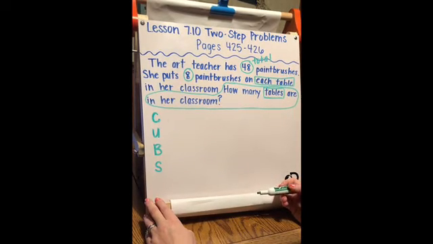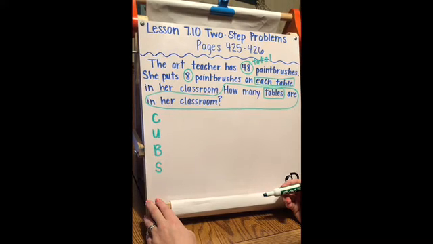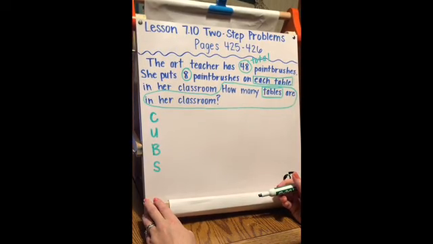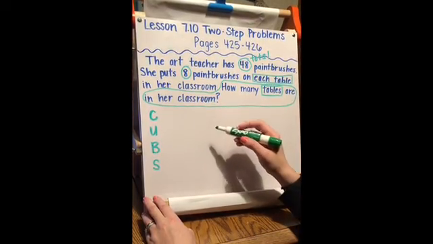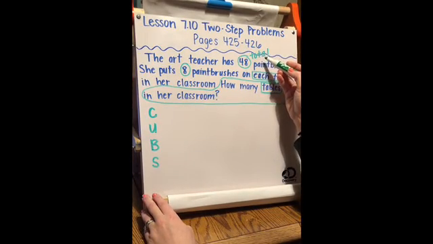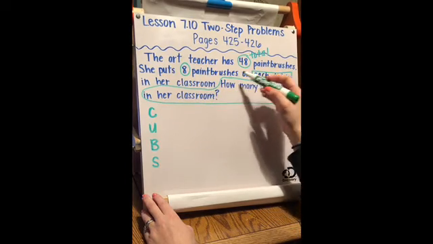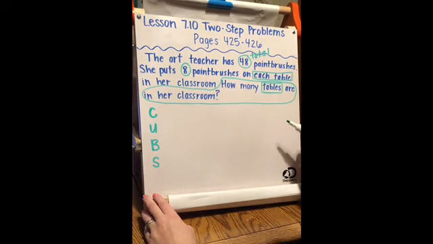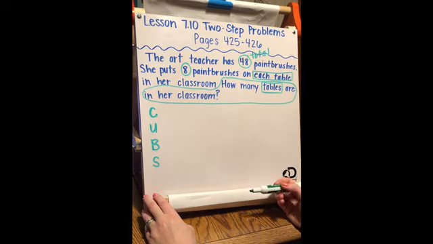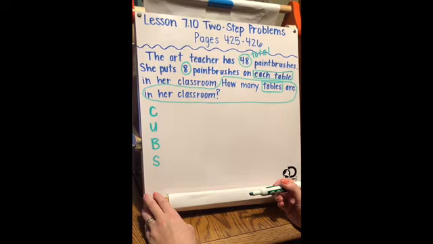We have our total, and she's going to split them and put them on tables. So your brain could be thinking right now about division, because we have our total and we want to divide the 8 paintbrushes on each table. Or your brain could be thinking, let me use multiplication. I could think 8 times what gives me 48.